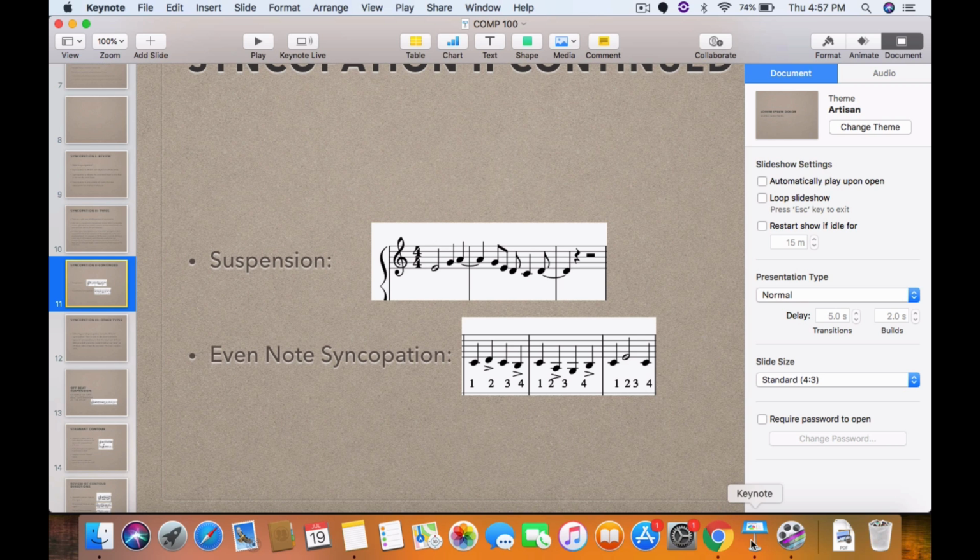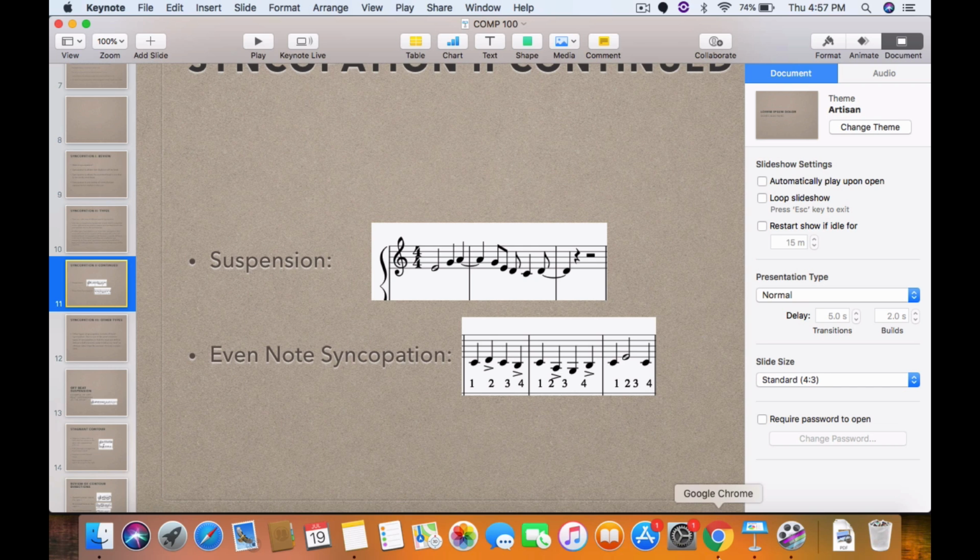That is the most common type of suspension that there is. And an even note syncopation is where all the notes are there, but you can see the accent, instead of being on 1 and 3 in 4/4, is clearly shown on beats 2 and 4.